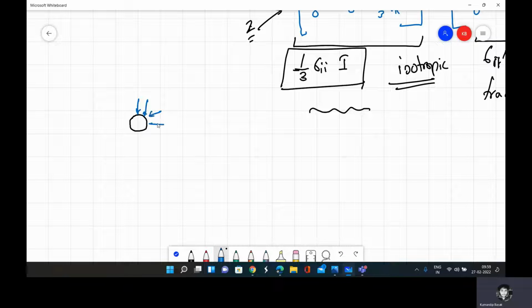So it will be acting like this, from any radial direction, and if you take any angular quantity theta that ranges from 0 to 360, the force will be the same.